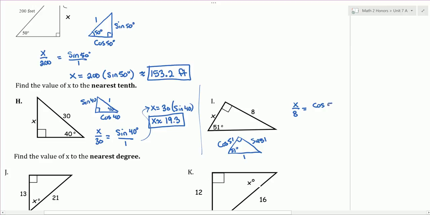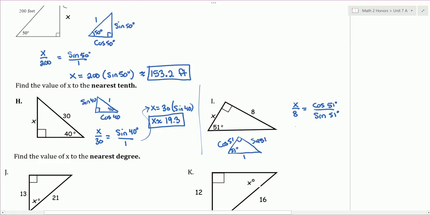So cosine of 51 degrees over sine of 51 degrees. And when you're using sine and cosine, let's just keep in mind sine over cosine is tangent.